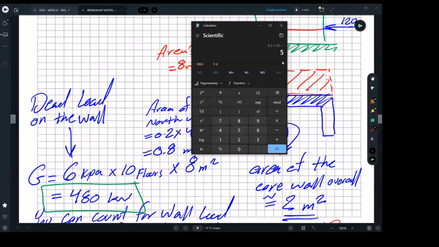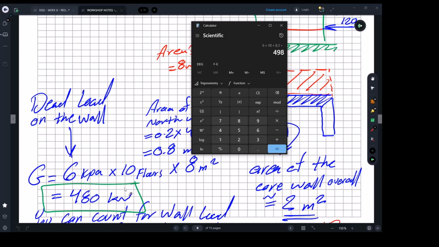That's the pressure. So what's wrong here? Okay, why I put 6 is the one superimposed dead load. Oh, okay. Yeah, so there was one superimposed dead load, which gives the 6 kPa. Then I multiplied by obviously 10, then I multiplied by 8, and in your case it was 8.3.